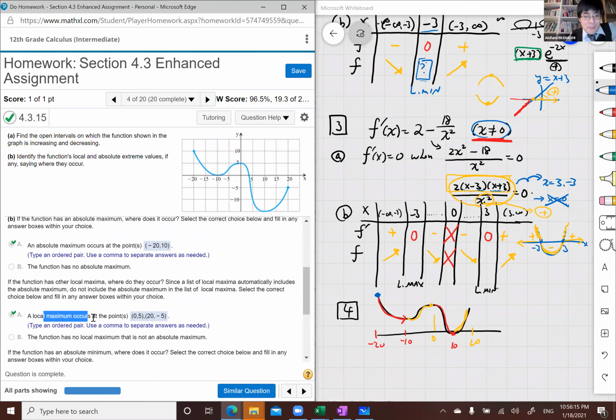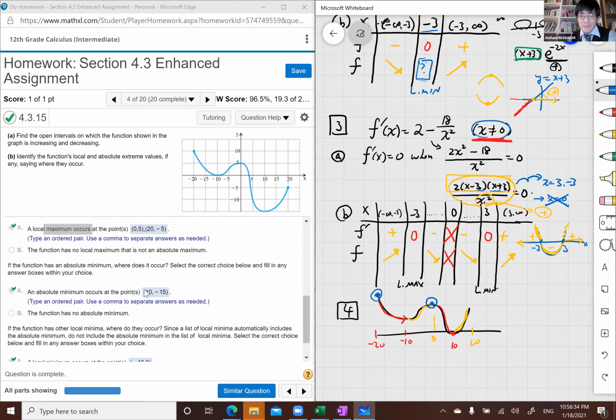Now, local maximum is the highest in that vicinity. So the absolute maximum is also a local maximum, but there is also another local maximum at 0. Those are the local maxima, so you have 2 answers. Now, absolute minimum is the lowest y value possible. So this has the lowest point here. So the point (10, negative 15) is gonna be the absolute minimum.